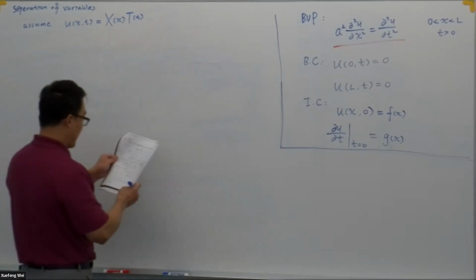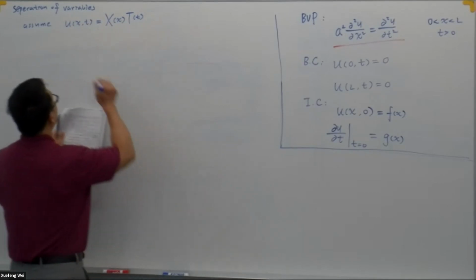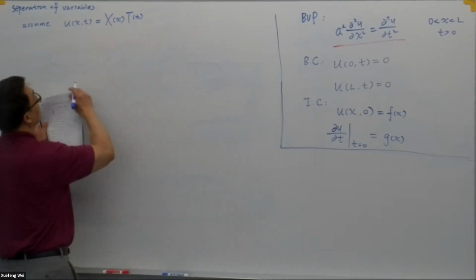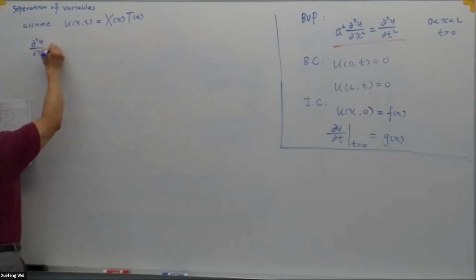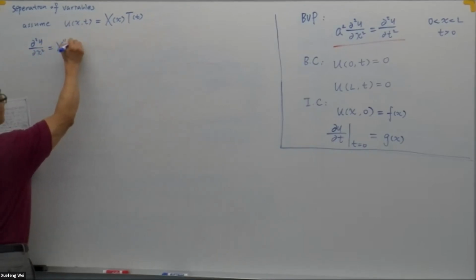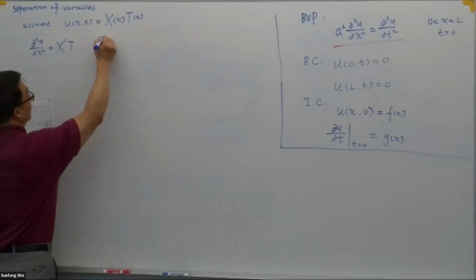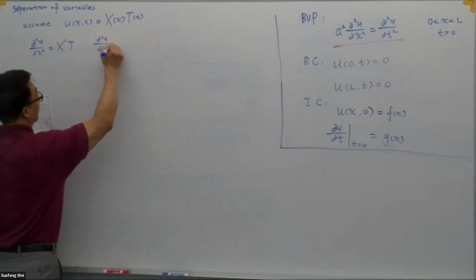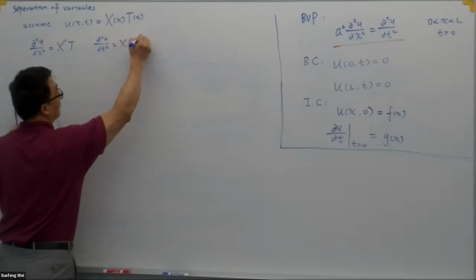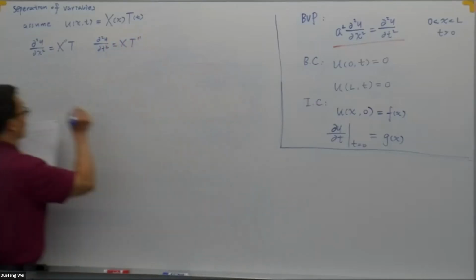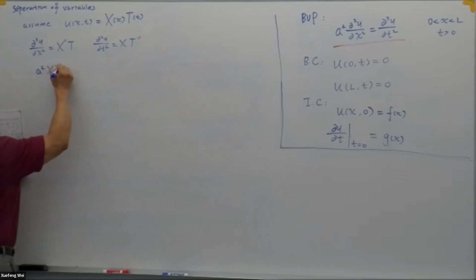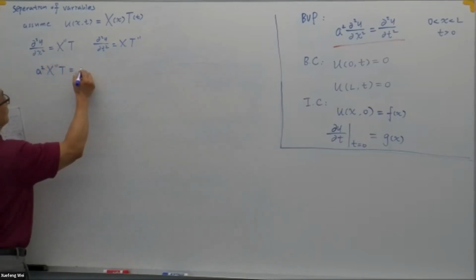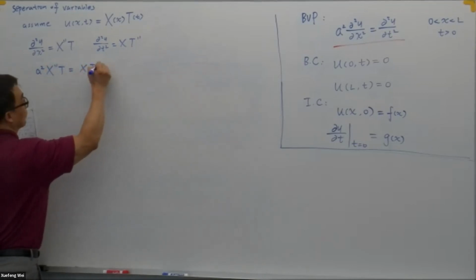Of course, we have partial squared u, partial x squared is going to be X double prime T, and partial squared u, partial t squared is X T double prime. So we plug this into our equation: a squared X double prime T equals X T double prime.